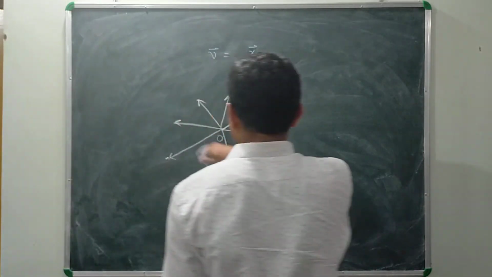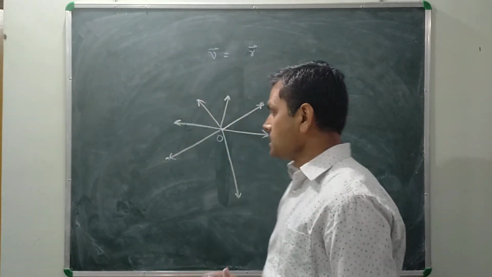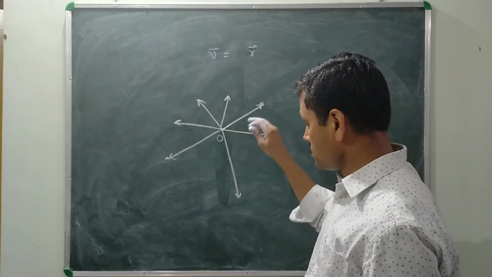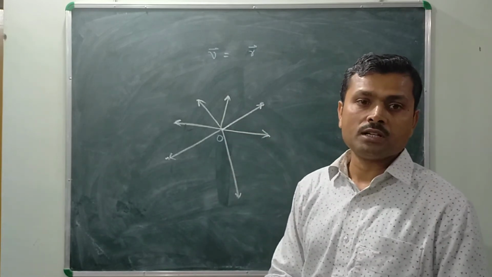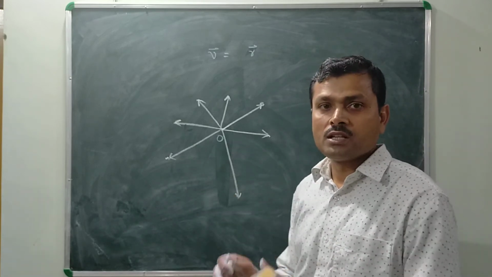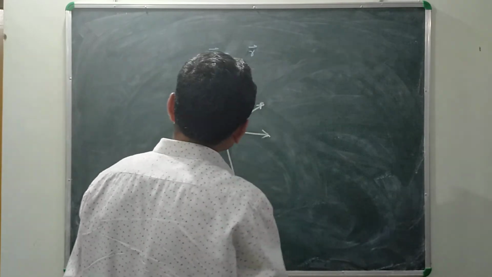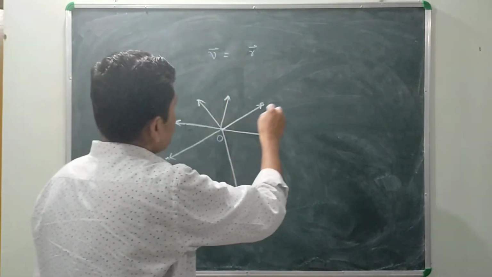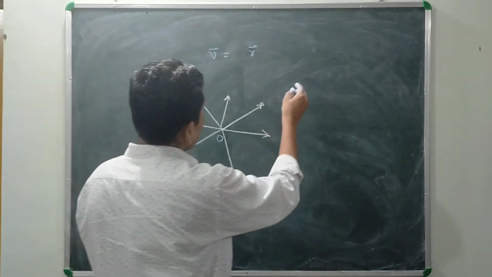So what nature are we getting here? We may see that the divergence of this vector field is positive, because the field lines of vector V are diverging. Now we are going to verify this using the definition that we have obtained.